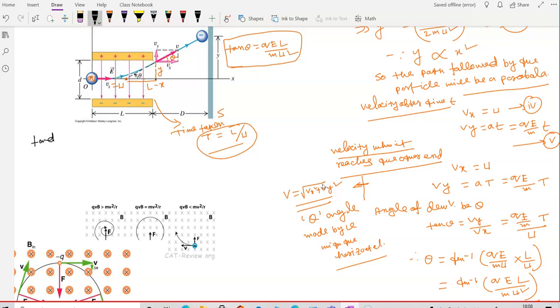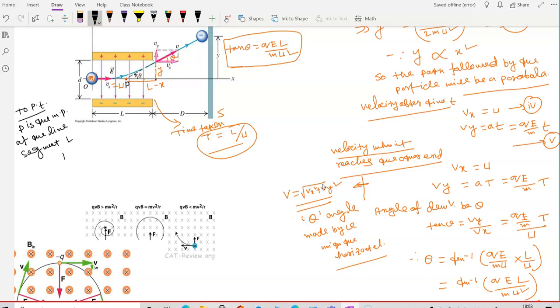You can write here what you are going to prove. To prove that P, this point be P, is the midpoint of the line segment of length L. This part length, its midpoint, this we have to prove.